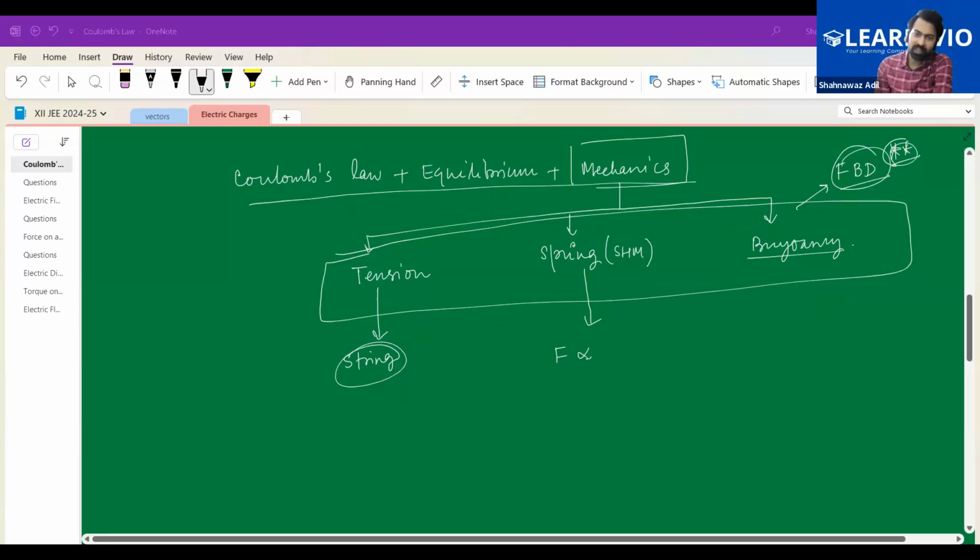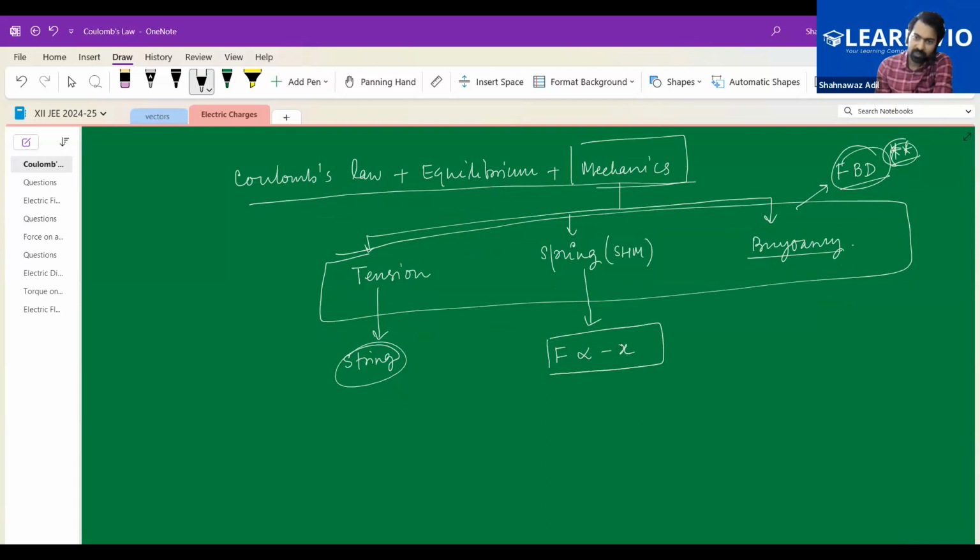So you have forgotten? Then it's all right. So spring force is proportional to distance. Yes, absolutely correct. Is it distance or displacement? Both are the same because we are moving in one direction. If we are moving in one direction and not returning back, then distance and displacement are the same, right?